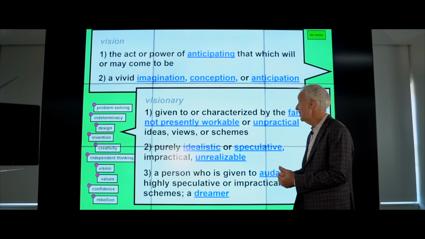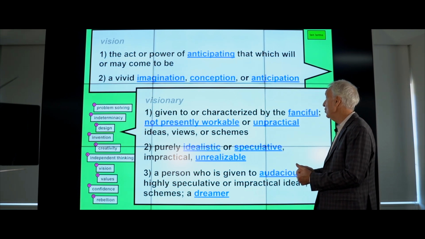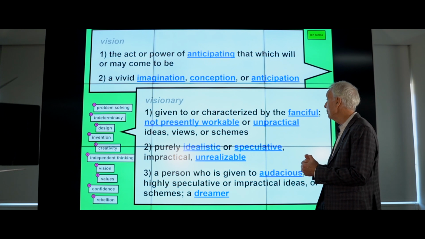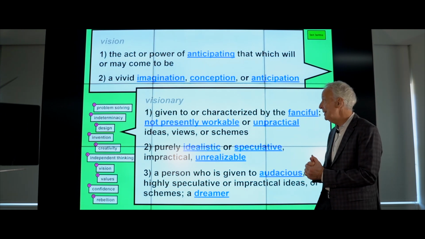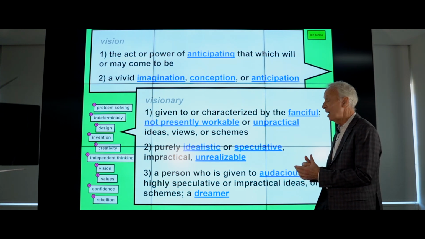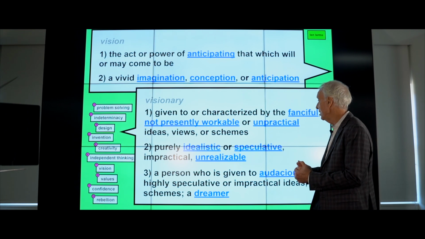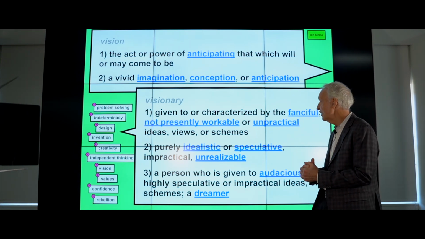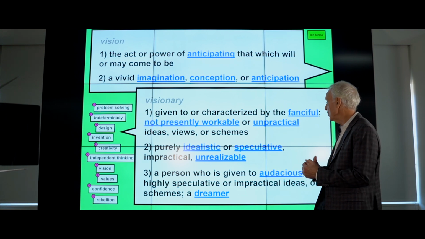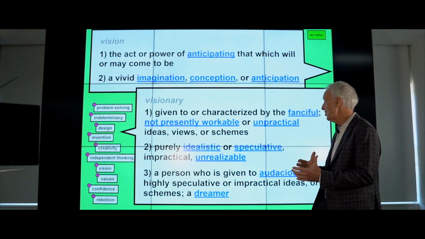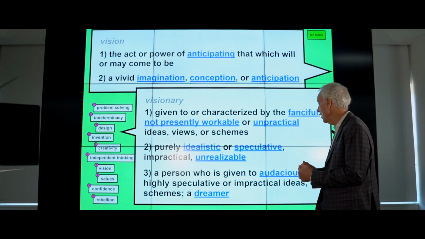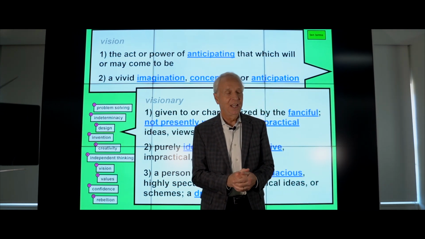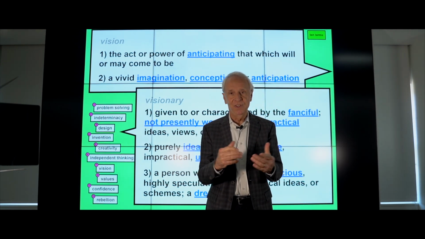A visionary is someone who is given to or characterized by the fanciful or not presently workable or unpractical ideas or views or schemes. Somebody who's idealistic, speculative, interested in things that are unrealizable. This is a person who's given to audacious, highly speculative or impractical ideas. A dreamer.